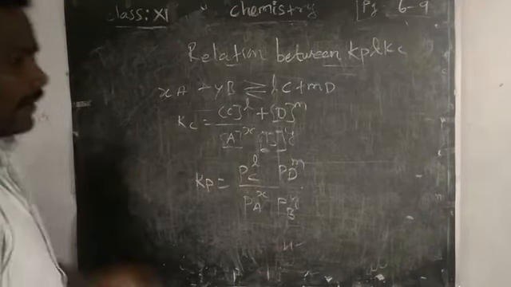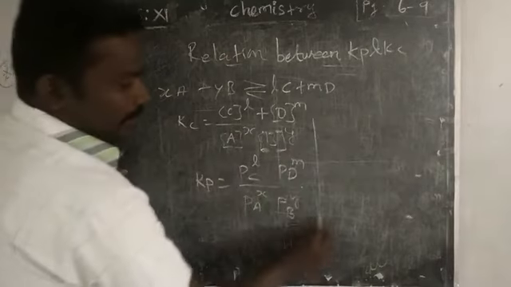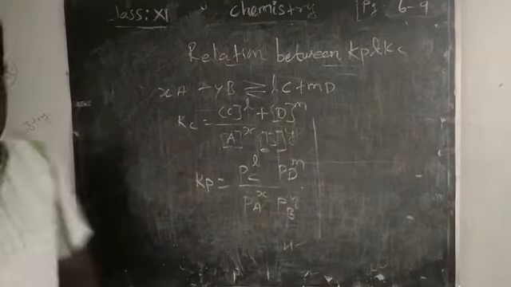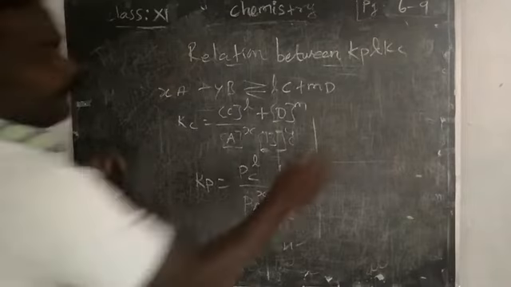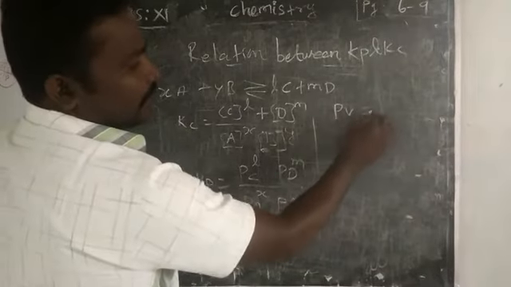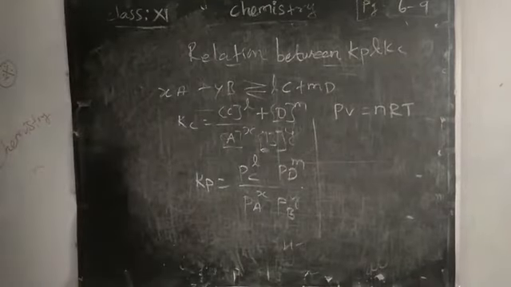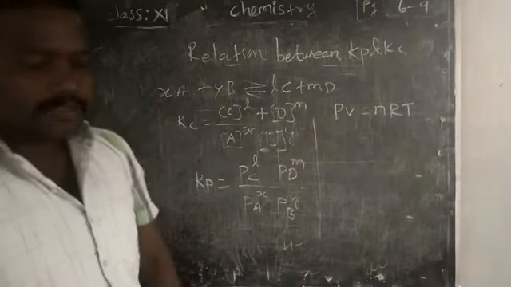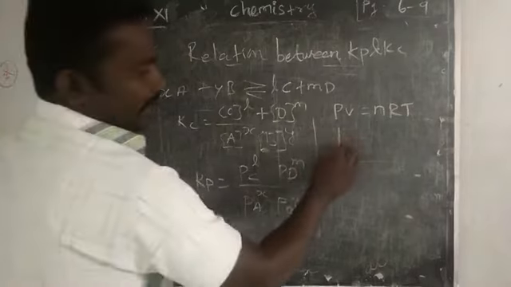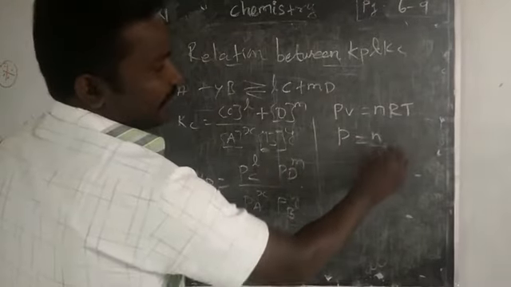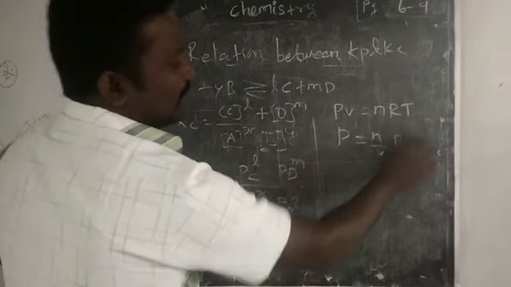How will you relate? Here we can remember the ideal gas equation. What is the ideal gas equation? PV is equal to nRT, right? You can simplify it: P is equal to n by V times RT.